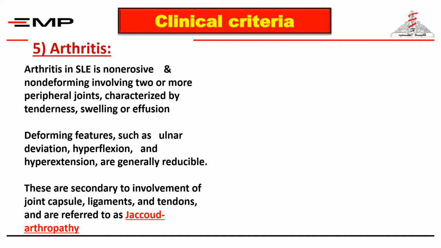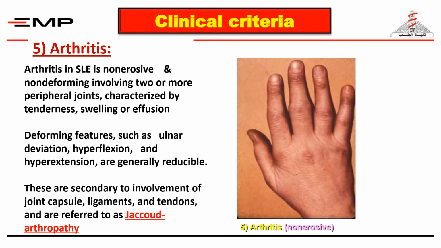These are secondary to involvement of the joint capsule, ligaments, or tendons, and not due to erosions or destruction of the cartilage or bone, and are referred to as Jaccoud arthropathy.